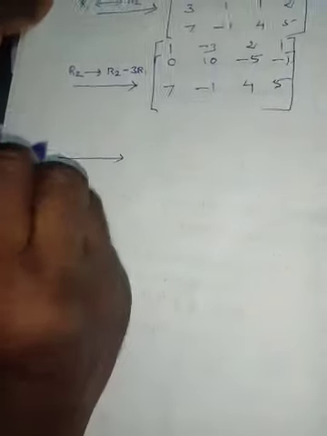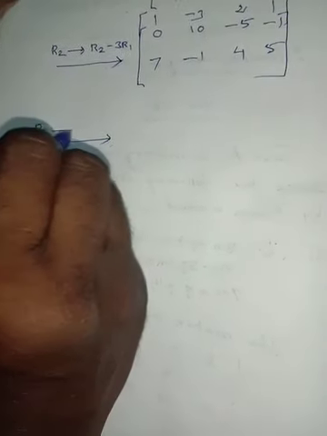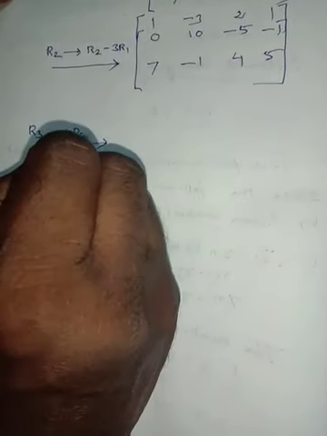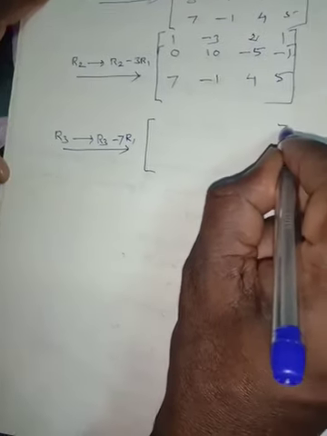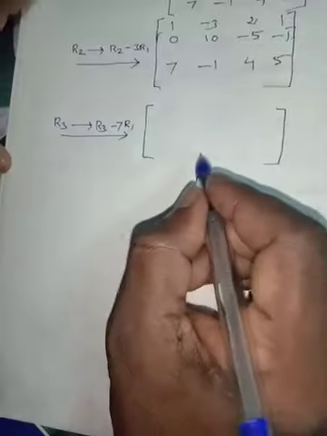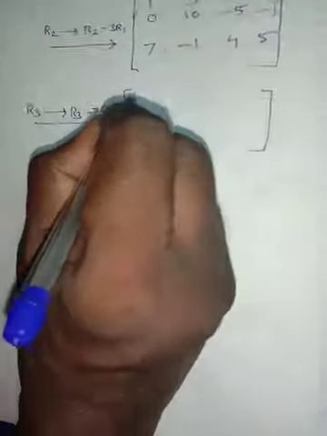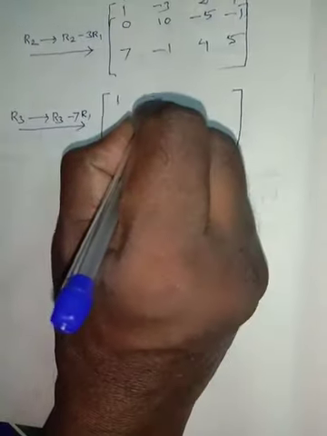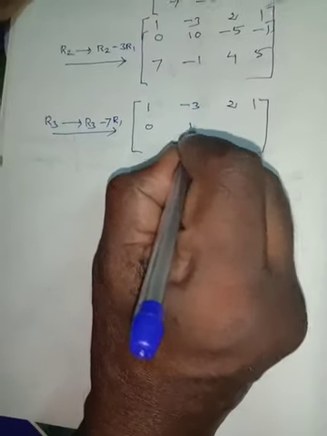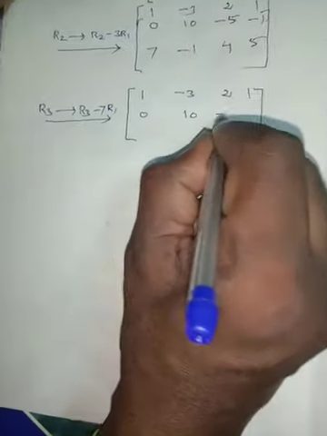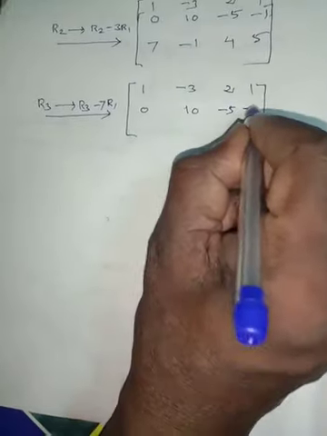The rule is new R3 implies old R3 minus 7 R1. So 1 minus 3, 2, 1. Next 0, 10, minus 5, minus 1.